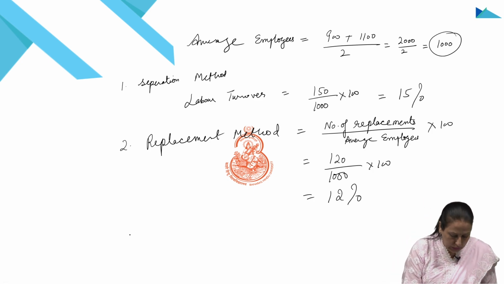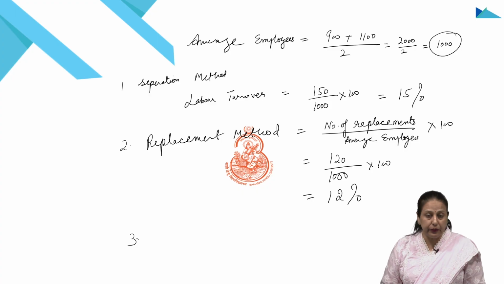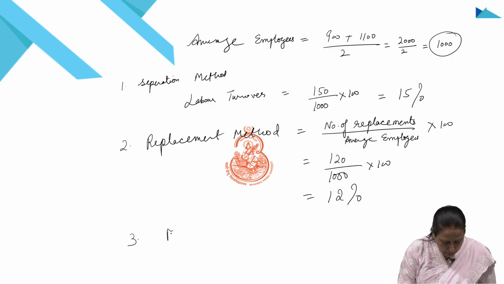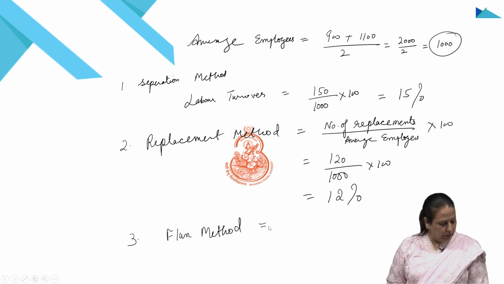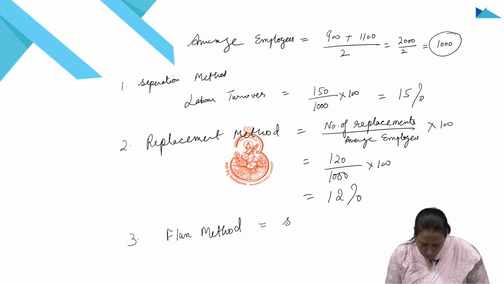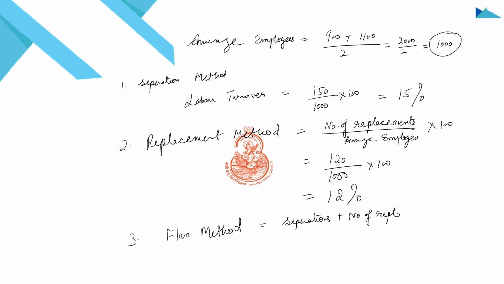Now, the third method of calculating labor turnover is the flux method. Using this method, the formula for calculating the labor turnover is number of separations plus number of replacements divided by average employees into 100.